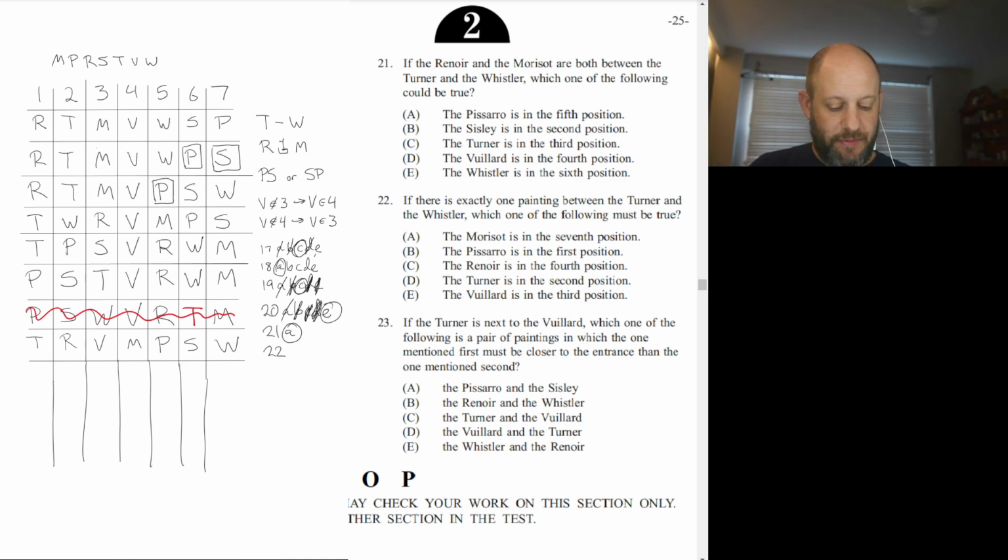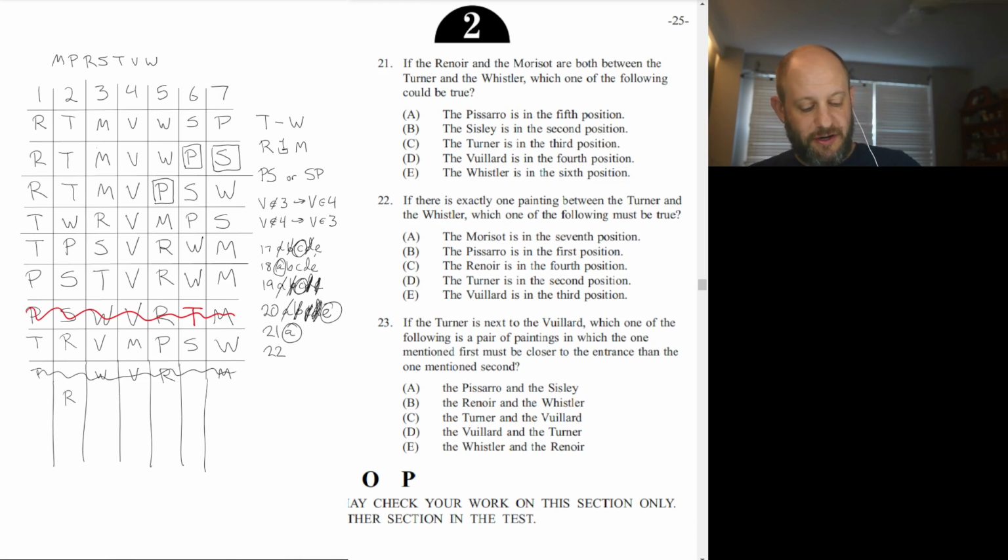Let me try them first and third. If I do that, V's got to be fourth. If I do that, R and M must be here, and P and S have no place to go. So T and W can't go first and third. Let me try them second and fourth.